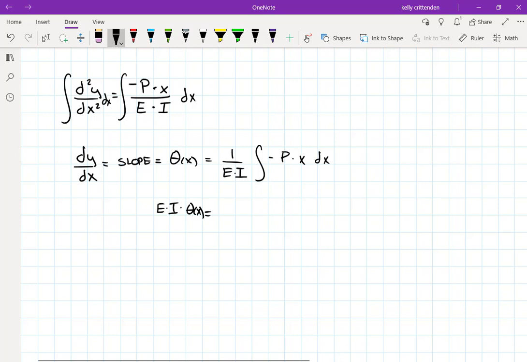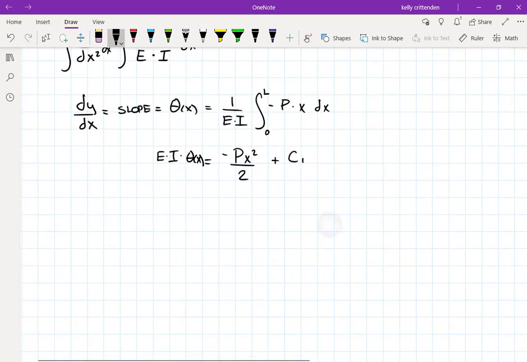And do the integral of negative Px dx, so negative Px squared over 2. And I actually want to integrate this from x equals 0 to x equals L. So when I integrate this, I generate some constant of integration. There's some boundary condition that I have to figure out what to do with.